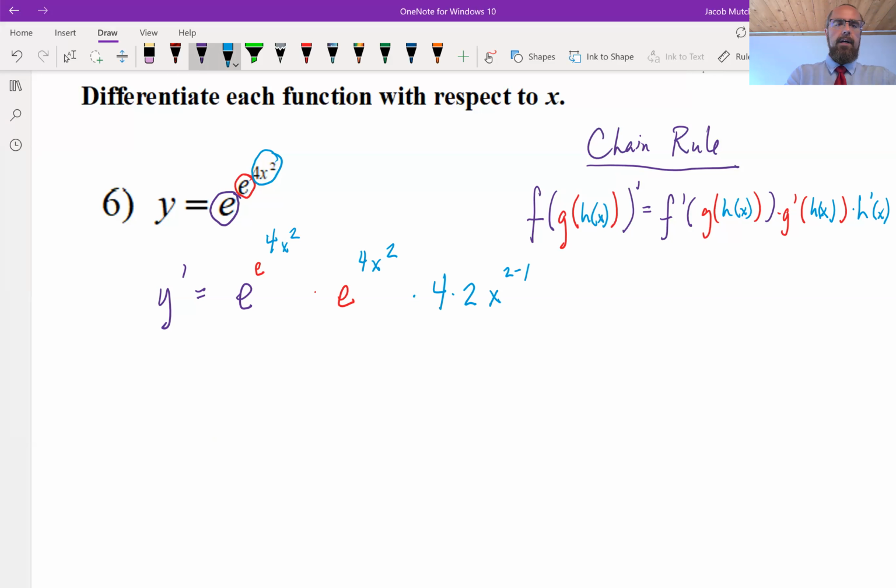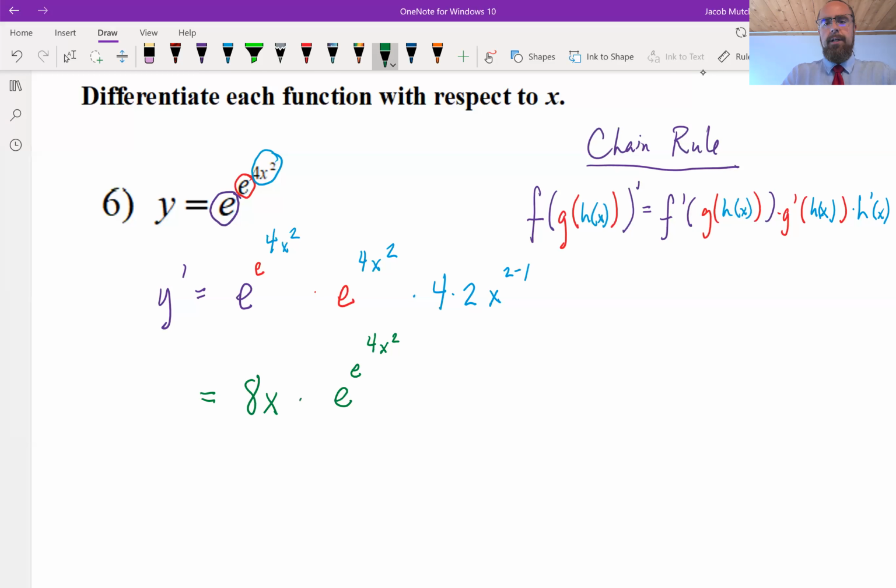I need to simplify that. What I'll start with is really 4 times 2x, so 8x. I'm bringing that polynomial part first to the front of the list, and then times e to the power of e to the power of 4x squared.